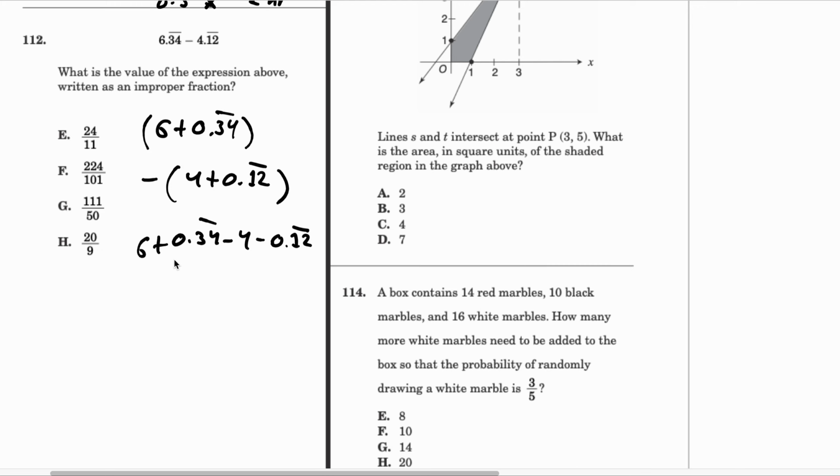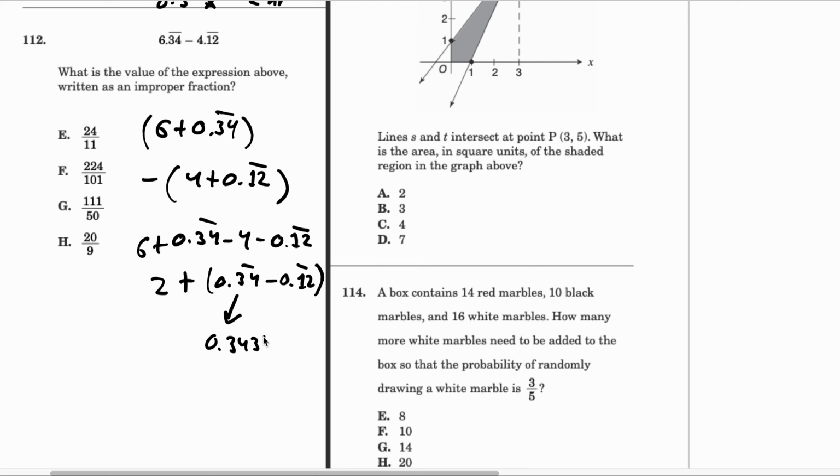So we have 6 minus 4, which is 2, and then 0.34 minus 0.12. Okay, so now I'm going to try to express these as a fraction. Let's see. Actually, I'm going to try to write these in a repeating way, right?